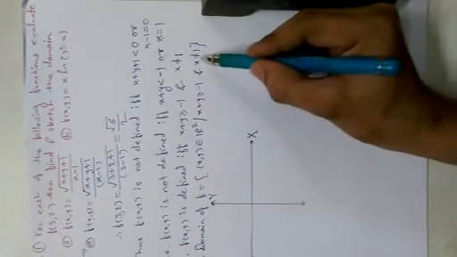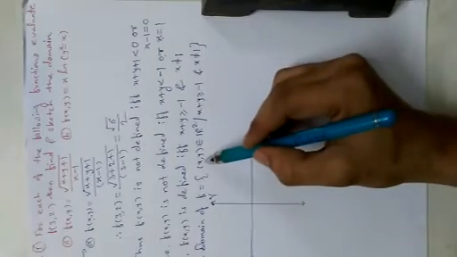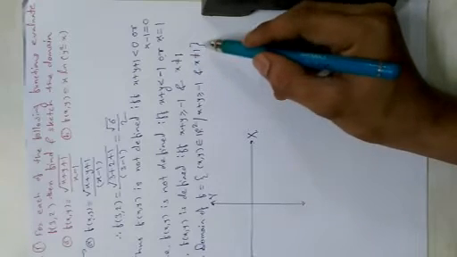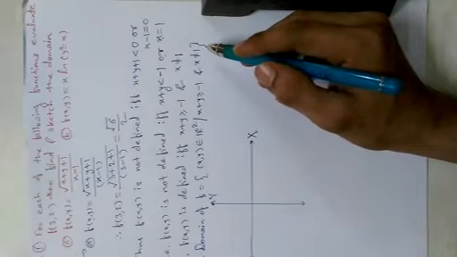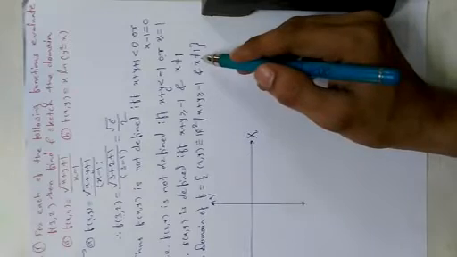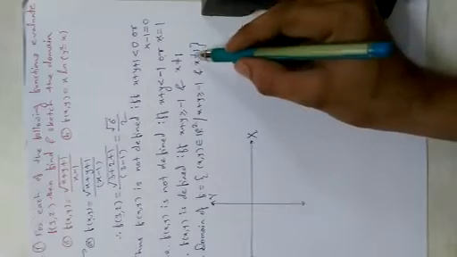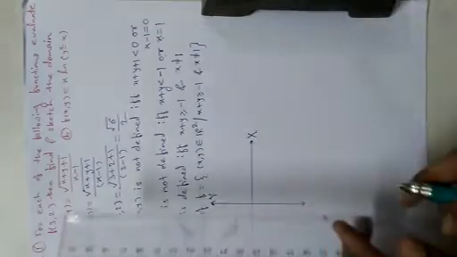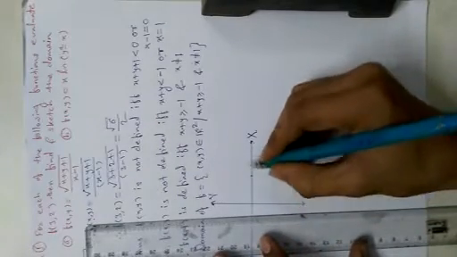There are two conditions, restrictions on our points (x, y). First we use the condition x is not equal to 1. First we will draw the line x is equal to 1. To draw this line, we find 2 points on this line x is equal to 1. As x is not equal to 1, we have to draw this line as a discontinuous line. Suppose this is the point (1, 0).